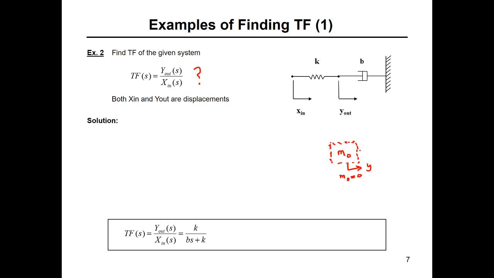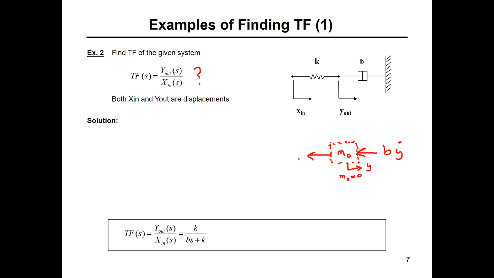Now, show me the reaction forces. Since y is going to the right, we have a reaction force in this way, and we have a reaction force on the other side. In this direction it is going to be b y dot.